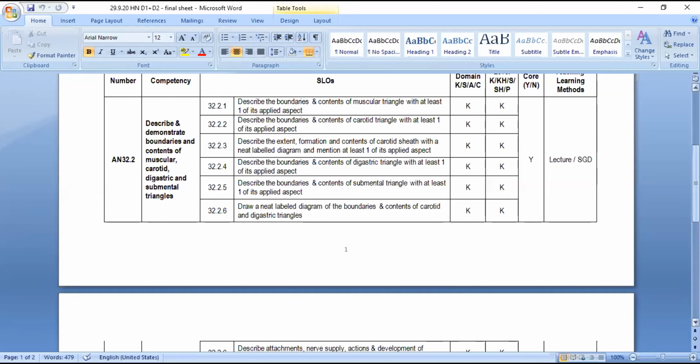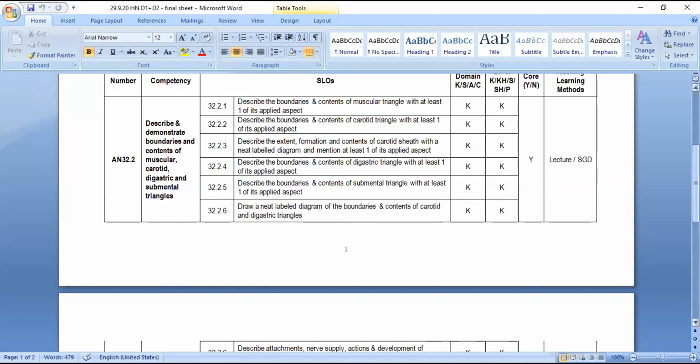Practically, we can't preserve it for long, which is why we don't ask them to demonstrate it. Unless you are preparing a museum specimen and placing it as a dissection specimen, specimens don't retain ansa cervicalis till the end.